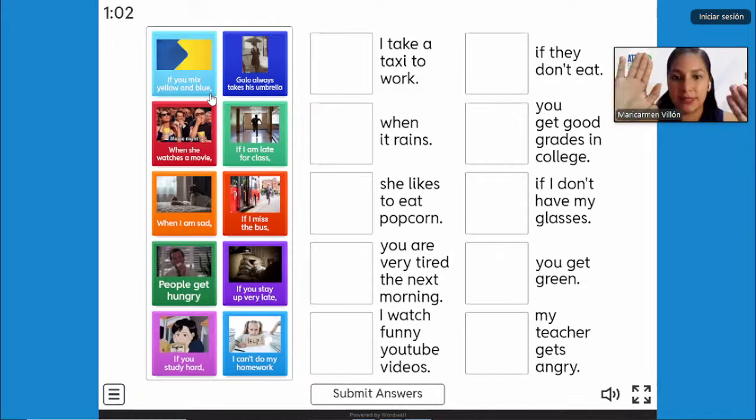What is the answer? Y verán que if, si tú mezclas, está en el tiempo presente simple. Entonces, el resultado también va a ser en presente simple. Entonces, ¿qué creen ustedes que será?